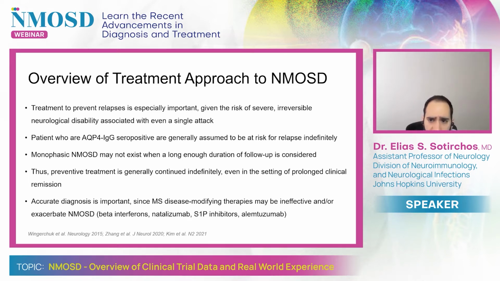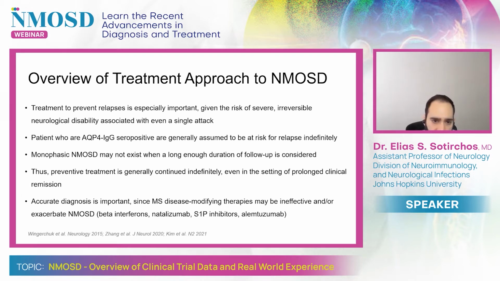So an additional feature that is very important, and which was highlighted in the prior talk, is that making the diagnosis as early as possible and making the diagnosis correctly is exceedingly important, since MS disease modifying therapies may be ineffective and even potentially exacerbate NMOSD, increasing the risk of relapse, given their mechanism of action, which targets different immunologic mechanisms that don't appear to be relevant in NMO and could even promote humoral autoimmunity.